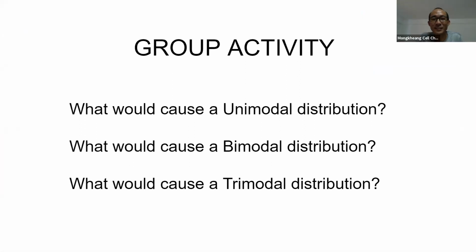Okay, so talking about the unimodal distribution, it means there is a single data value that occurs with high frequency, as in the mode, with one point up.